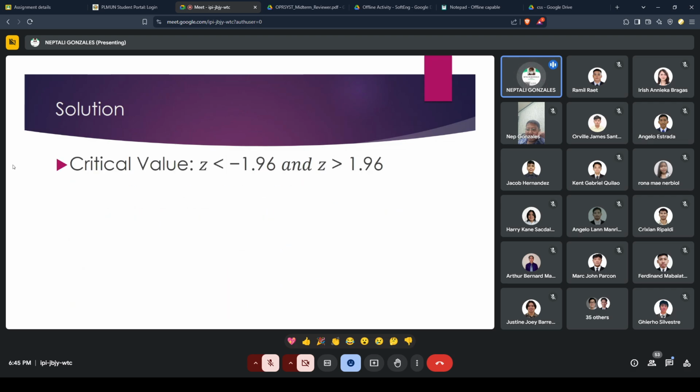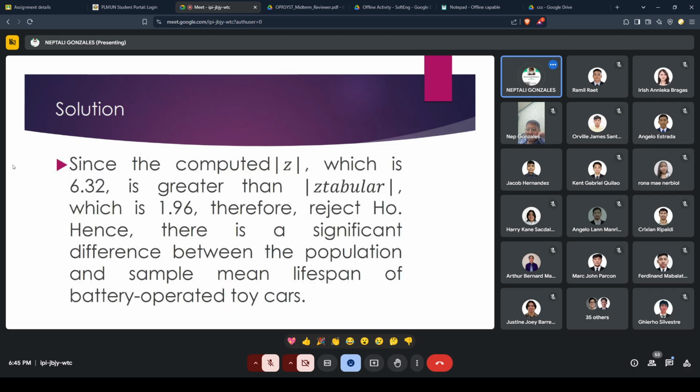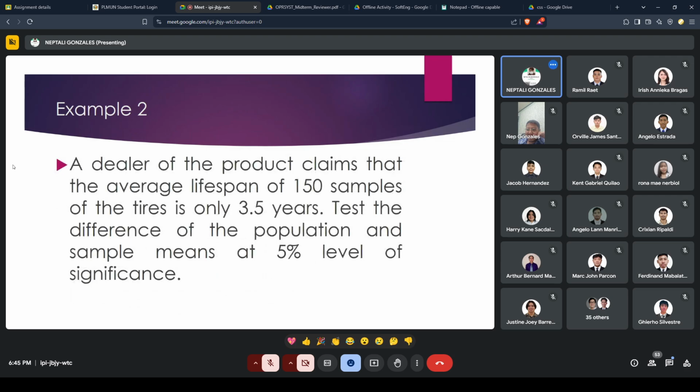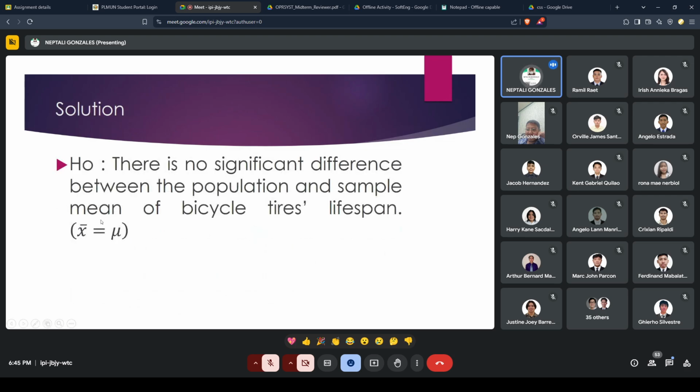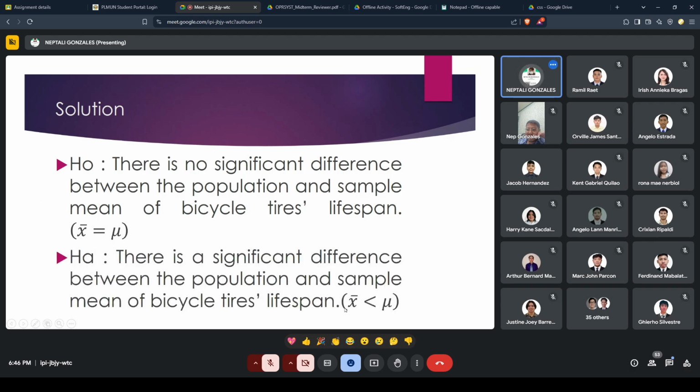Our second example, why it is one-tailed, because the construction of the null hypothesis, we are comparing the two means. The sample mean is not equal to the population mean. And our alternative hypothesis is the sample mean, kasi nga sinabi, di ba, sample mean daw ay 3.5 is less than 5 years.